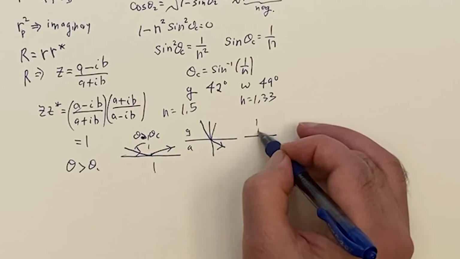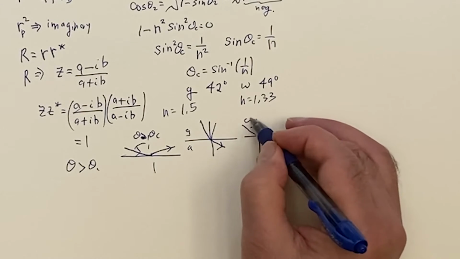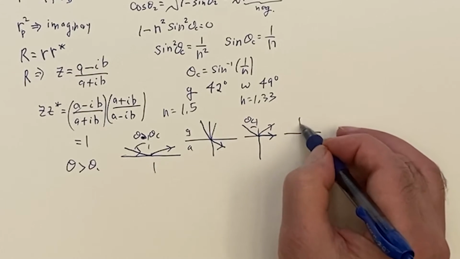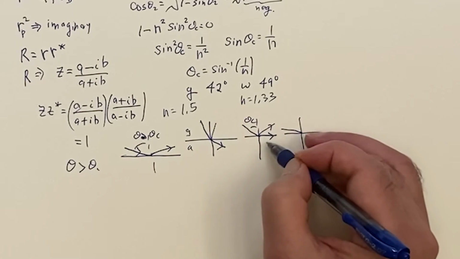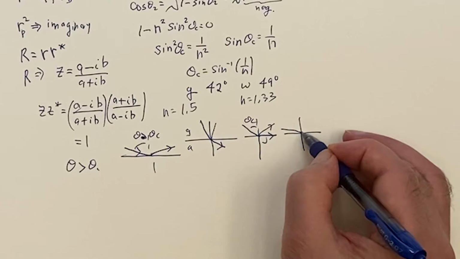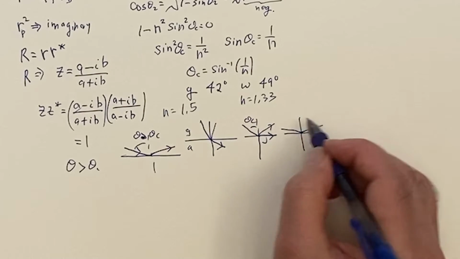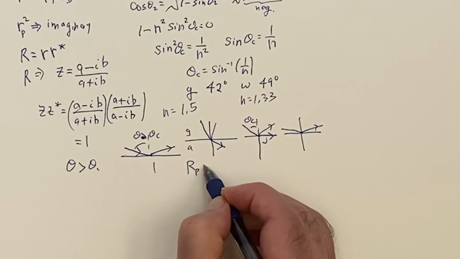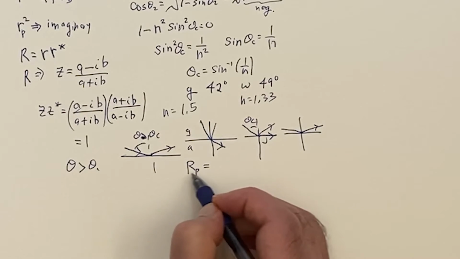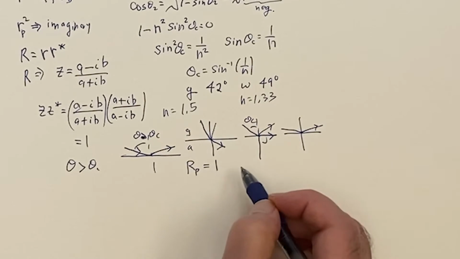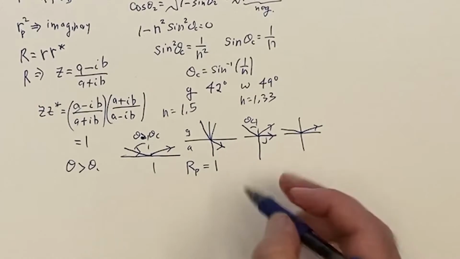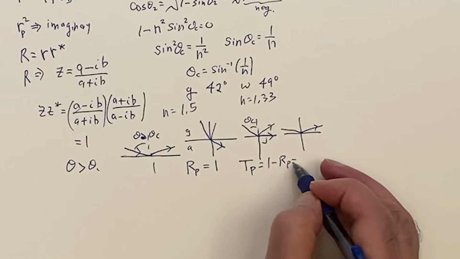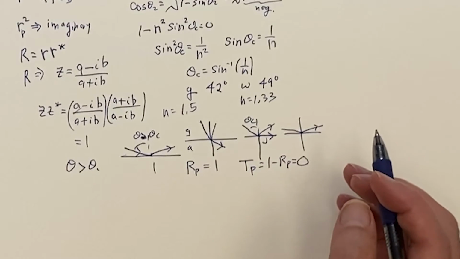Then at the critical angle, you skim the surface, you always get reflection. And when you're greater than a critical angle, you can't bend away anymore and go through, so it's total internal reflection. And this is saying that the reflection for this one case, the polarization case P, is 1. And then the transmission would be 1 minus R, which is 0. Very elegant. That just blows me away.